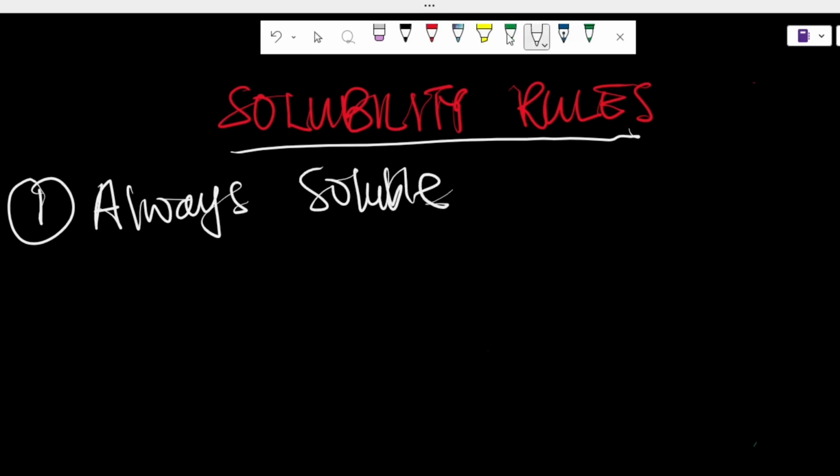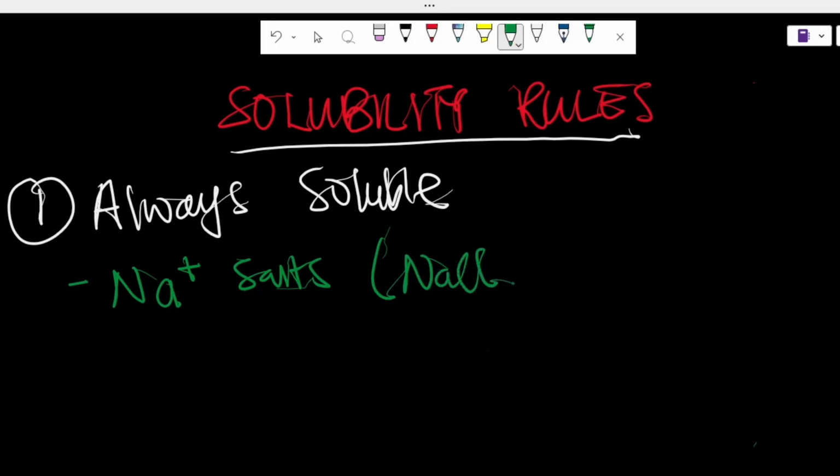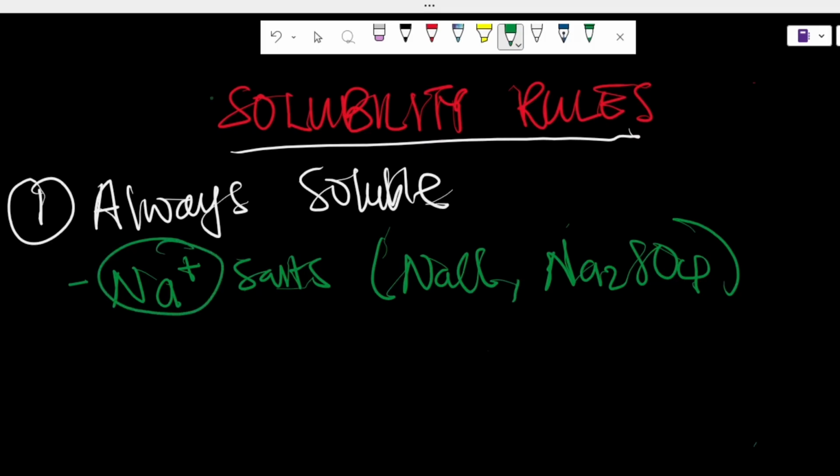So what are these salts? Well, all sodium salts are soluble. So you can talk about sodium chloride, you can talk about sodium sulfate, and so on. These salts are always soluble. As long as these are sodium salts, then they are obviously soluble.